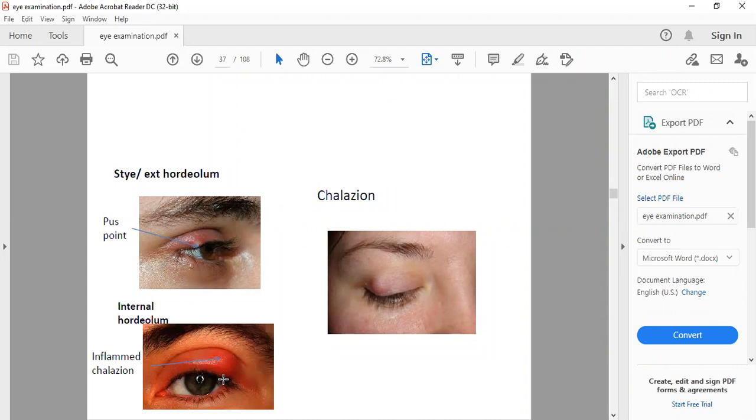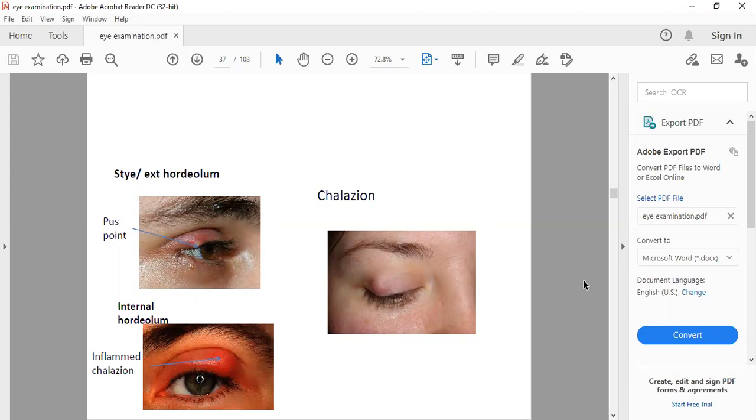Sometimes it may appear red, but there will be slight tenderness on pressing. The six signs of inflammation may not be present in all patients, rubor, tumor, dolor and all. But red color is not compulsory, but there will be slight diffuse edema of the eyelid around the hordeolum. Here you see, the rest of the eyelid is absolutely normal, and there is only localized swelling.